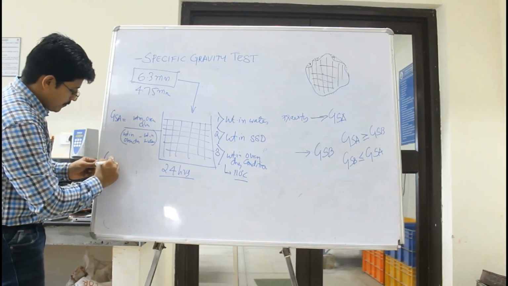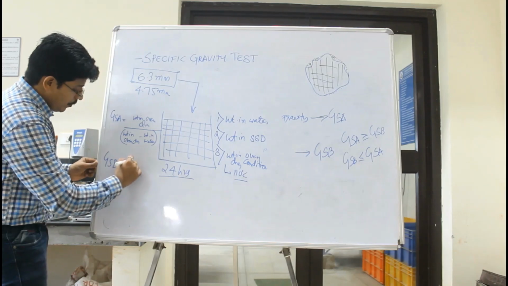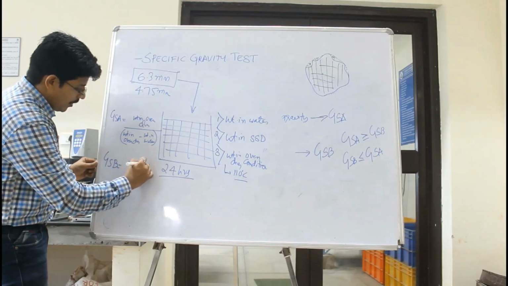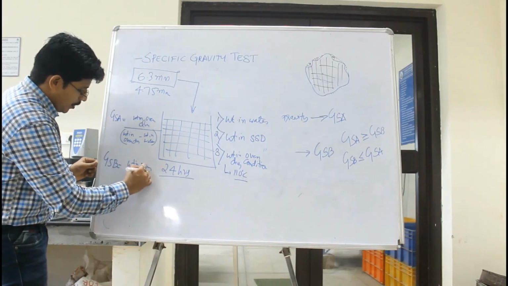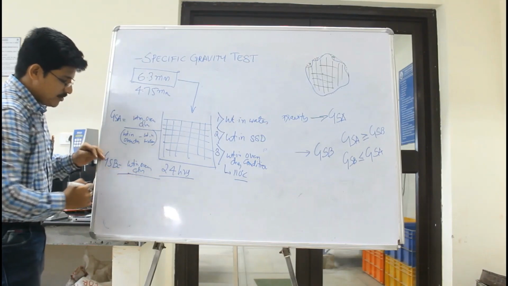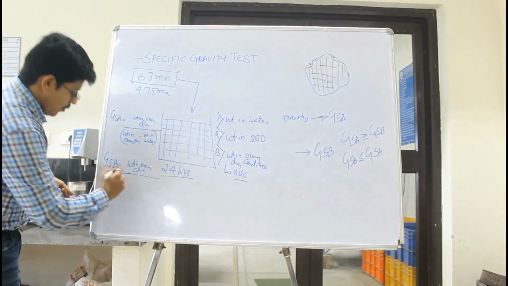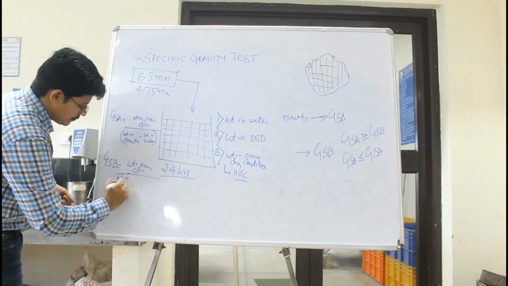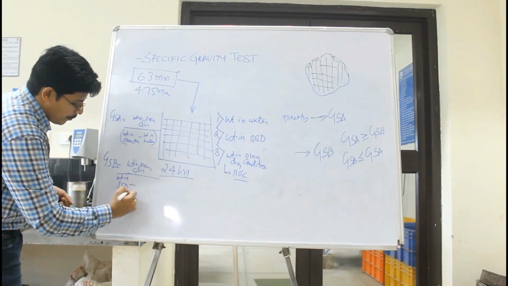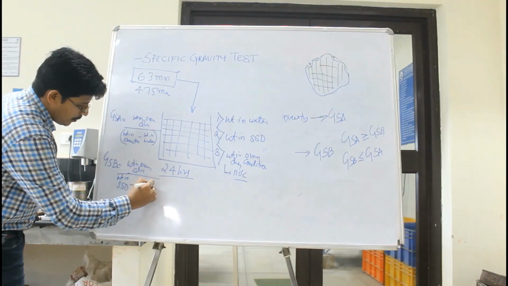Then we have GSB. GSB will be equal to the weight in oven dry condition divided by the whole bulk volume. So we will take the weight in SSD minus the weight in water.